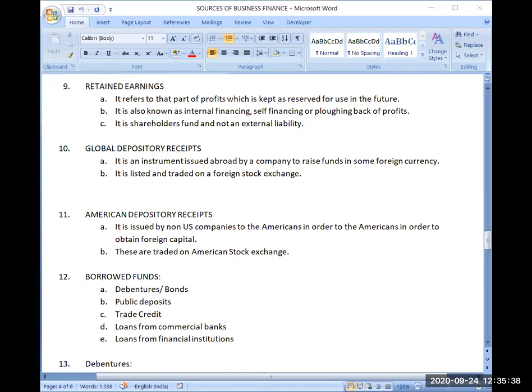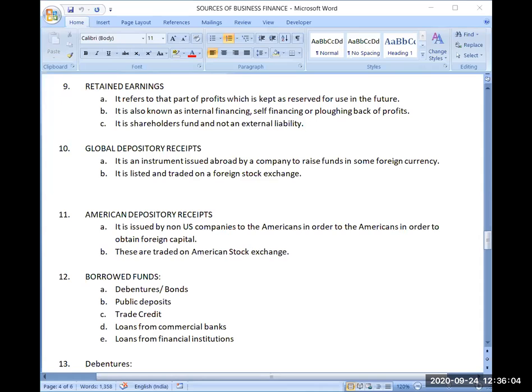Now, what happened in case of company? Company has a choice. Suppose company has a balance of profit of rupees 100 after paying interest, after paying dividend on preference shares, and after paying tax to the government. Now, balance of profit is rupees 100 with the company.